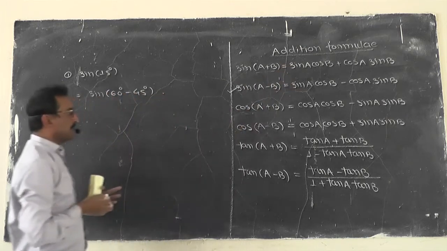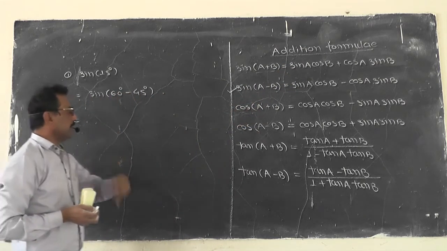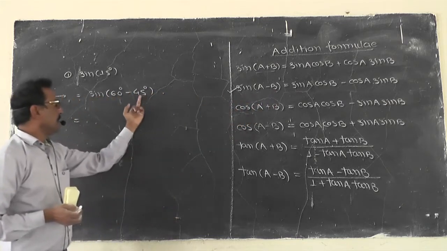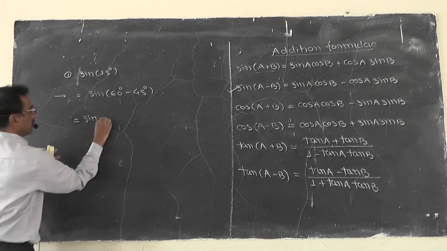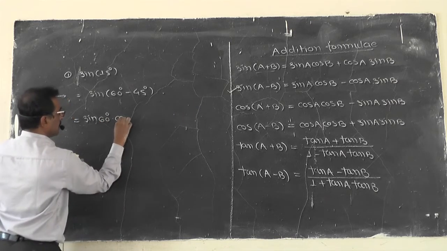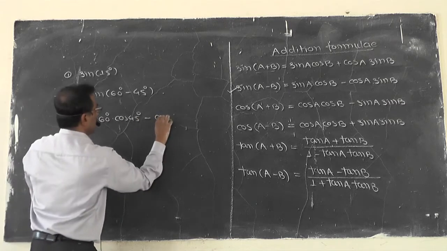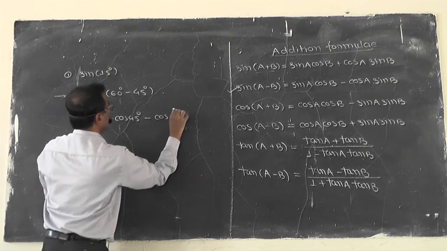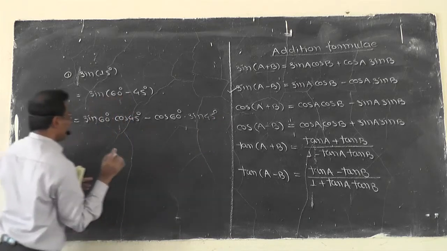Sine of A minus B. A is 60 degree and B is 45 degree. So we can write sine A, which is 60 degree, into cos B, which is 45 degree, minus cos A, which is 60 degree, into sine B, which is 45 degree.